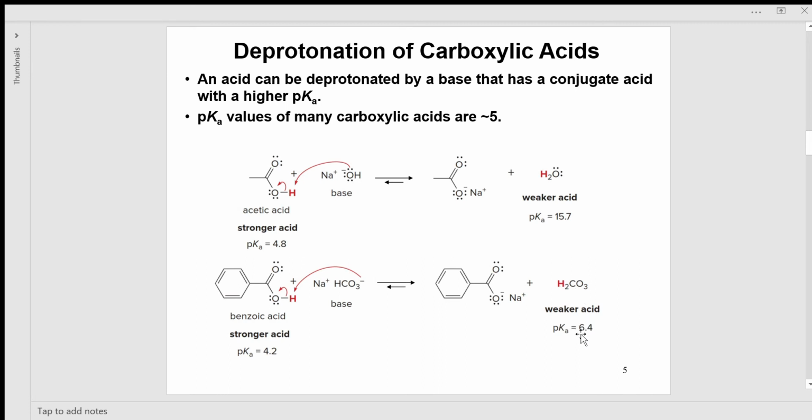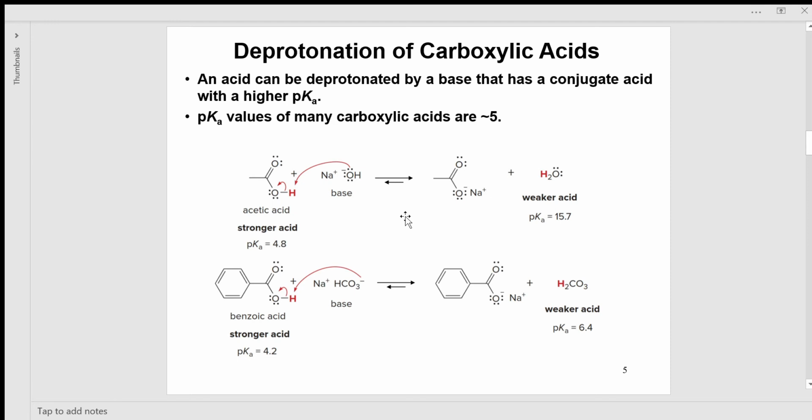The pKa value is 6.4. Benzoic acid is 4.2. You see the difference, 4.2 to 6.4, is not as big as this one. But we can confirm the reaction favors the formation of a weaker acid, because this benzoic acid is a stronger acid.